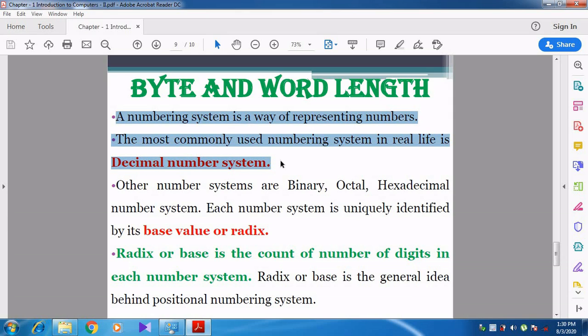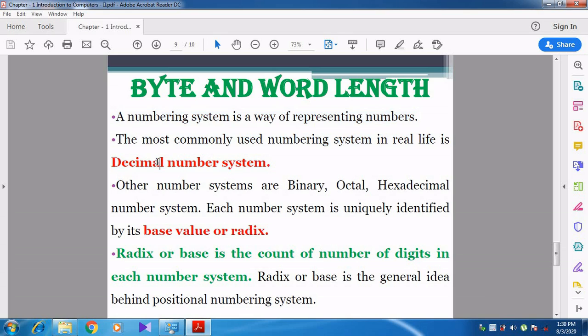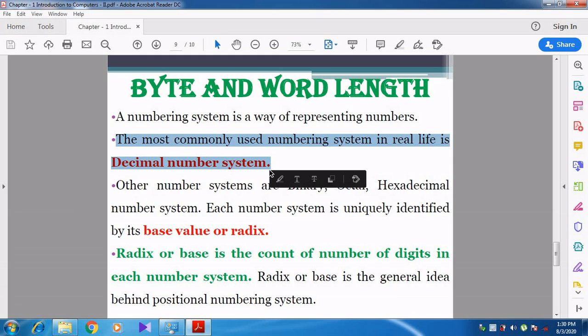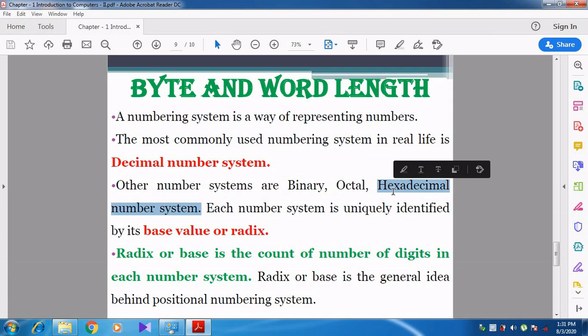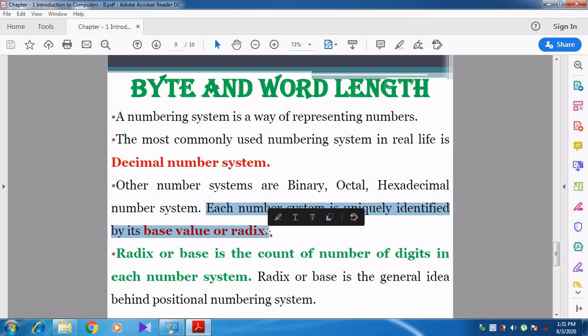The most commonly used numbering system in real life is the decimal number system. Apart from that, we have binary, octal and hexadecimal number systems. Each and every number system is identified by its base value or radix.